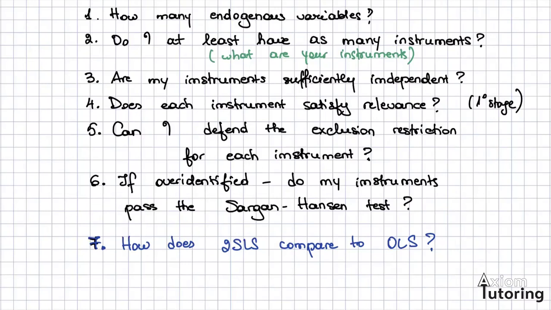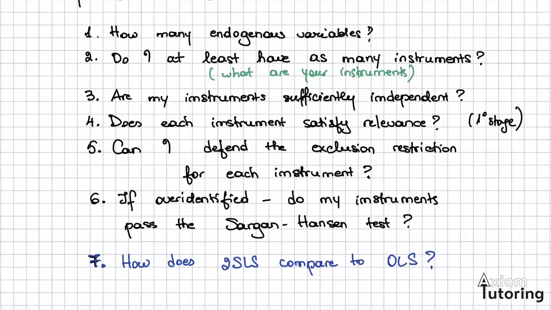Now, if we refer to the actual example that we saw together with the Angrist and Krueger paper, you can run this checklist to see how that is applied in an actual paper, so that then you can emulate the same sort of procedure.